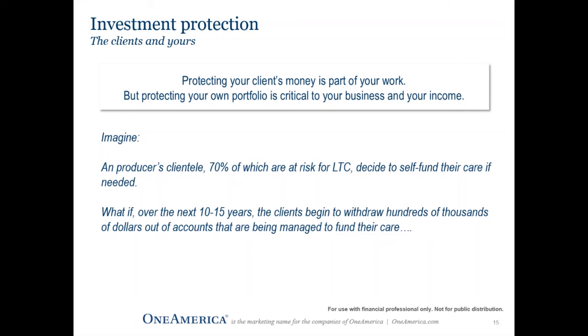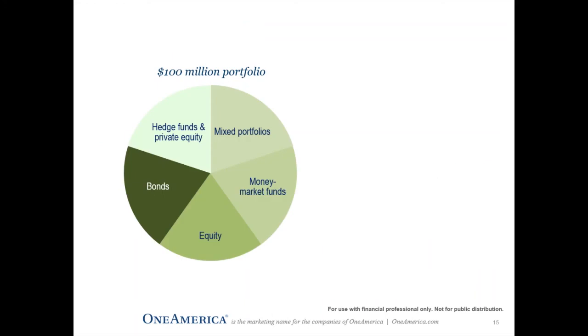And so think about this. If you've got $100 million in assets under management, and whether that's $100 million or $50 million or $500 million, the point is not $100 million. The point is just think through this. If 70% of people 65 and older need LTC, where are those dollars going to come from? Likely coming from the portfolio that you manage.